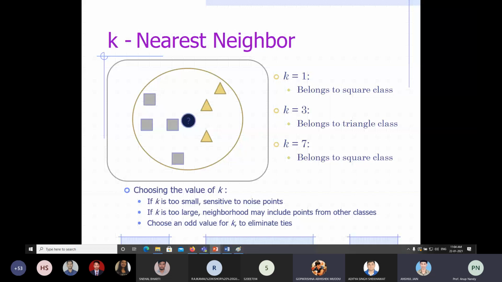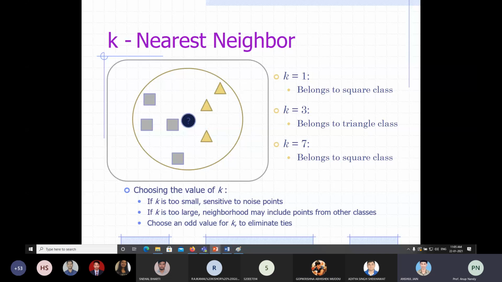No, if you have more than two classes and you choose k equal to 8, it may happen with 3-4 classes that 2 representatives come from class 1, again 2 from class 2, then again 3 from class 3, and so on. Then how are you going to take the decision?